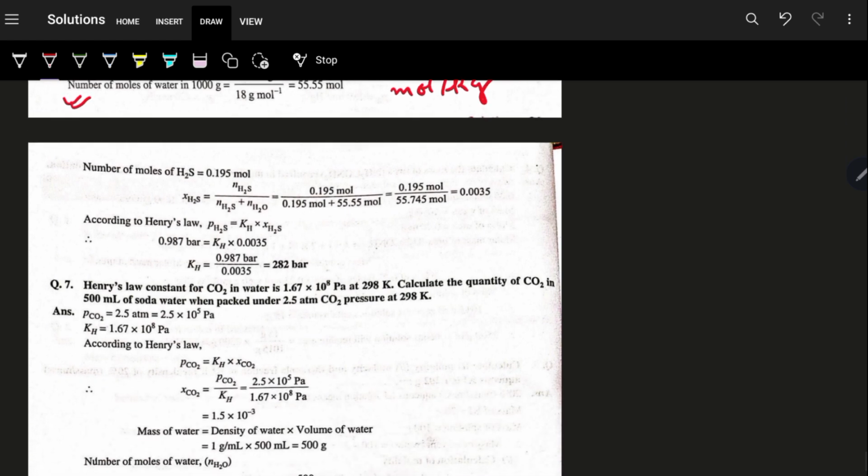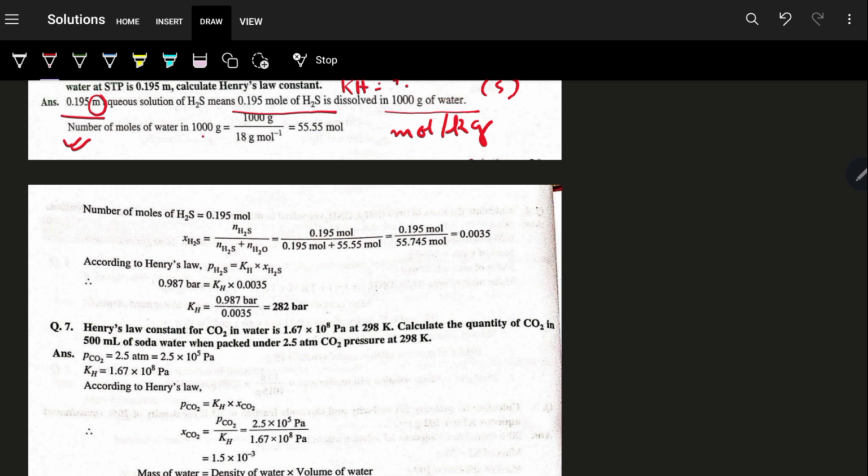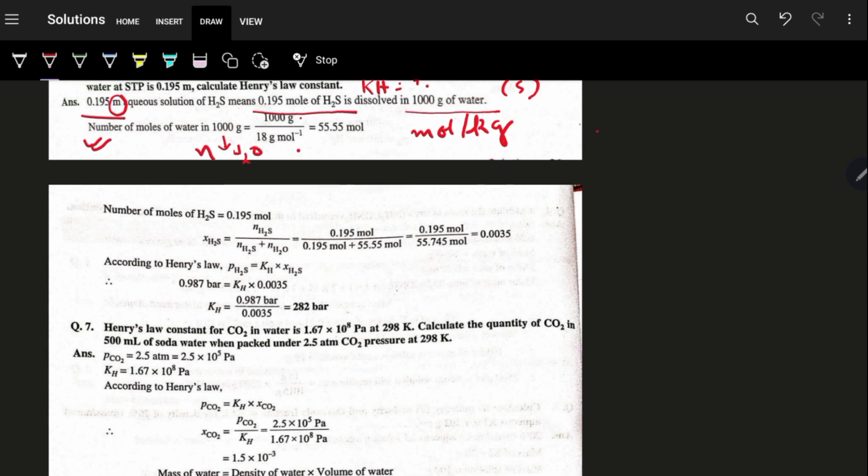The number of moles of water is given mass by molar mass. For water, it is Na equals Wa by Ma. For H2S, the solute, Nb equals Wb by Mb.